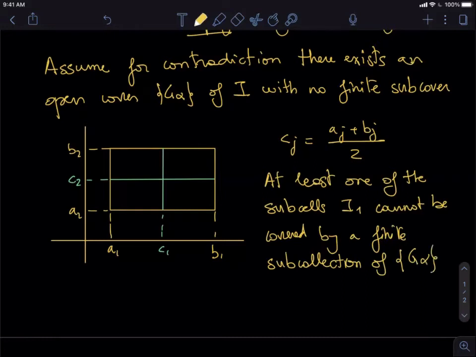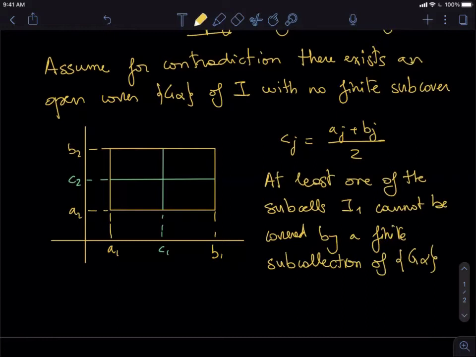Otherwise, if all 4 subcells, in general 2 to the k subcells, could be covered by a finite subcollection of G alpha, then I could put all 4 subcollections together, and then I would be able to cover the whole thing by a finite subcollection, which I'm assuming I can't.